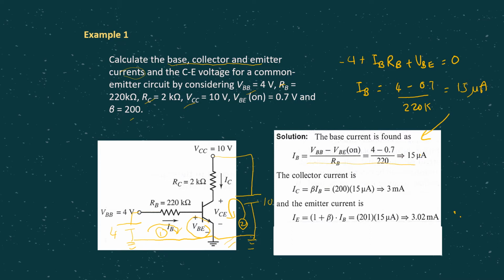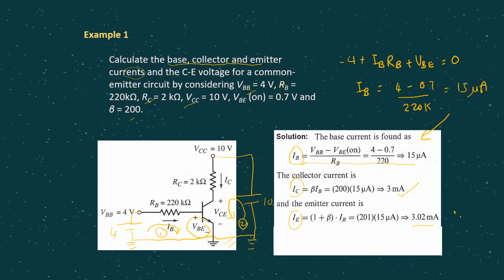Okay, then obviously once we know the value of IB, we can calculate for IC, which is given by beta IB. Substitute accordingly, you are going to get the IC value. Then IE is actually IB plus IC, isn't it? IE is IB plus IC, meaning 3 plus 15 micro, so you are supposed to get 3.02 milliampere.